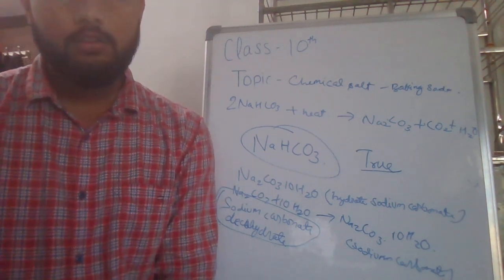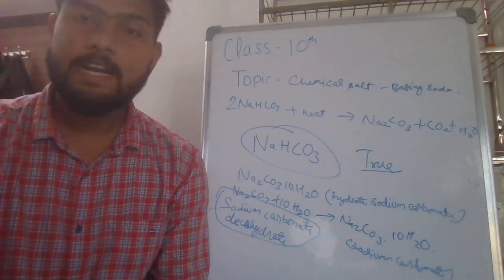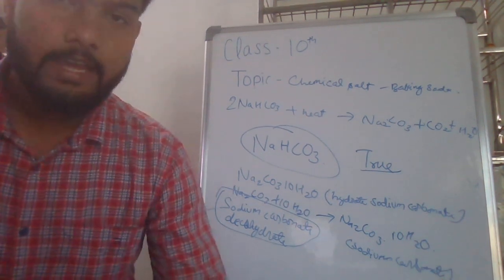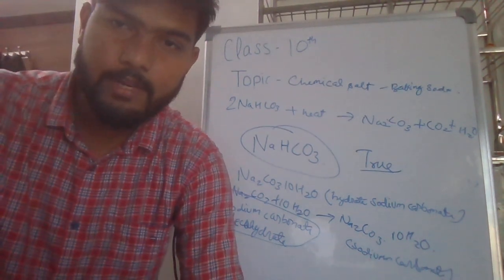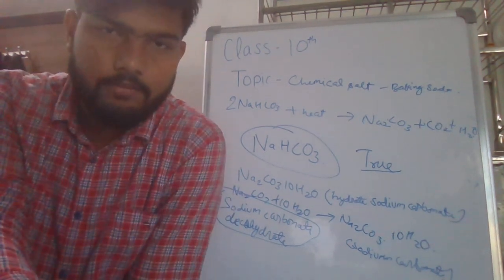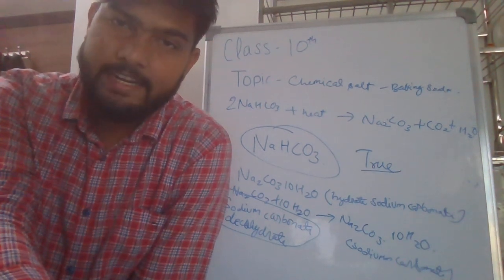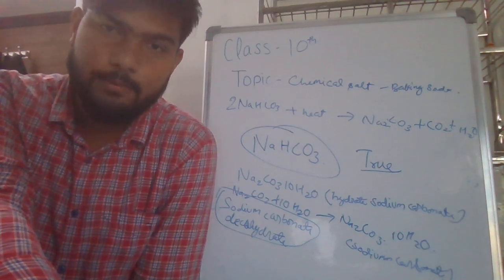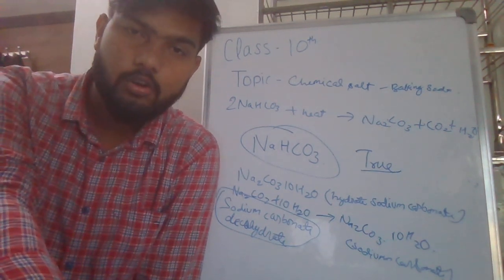The second question is that a milkman adds a very small amount of baking soda to fresh milk. Why does he shift the pH of the fresh milk from 6 to slightly alkaline? You have to find that out. And after that, why does this milk take a long time to set as curd? Okay, write an analysis report in your own words.